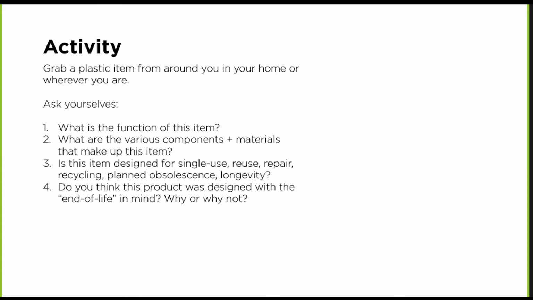One is planned obsolescence of desirability, which is what we see in fashion: a new fashion comes out that makes the old one obsolete. There's also planned obsolescence of functionality or quality, so it's designed to break after a certain point. Maybe there's a certain part on it that's really flimsy and will break before everything else does.